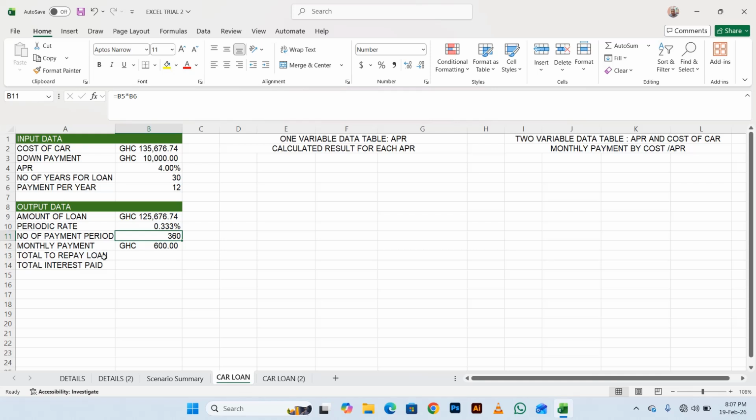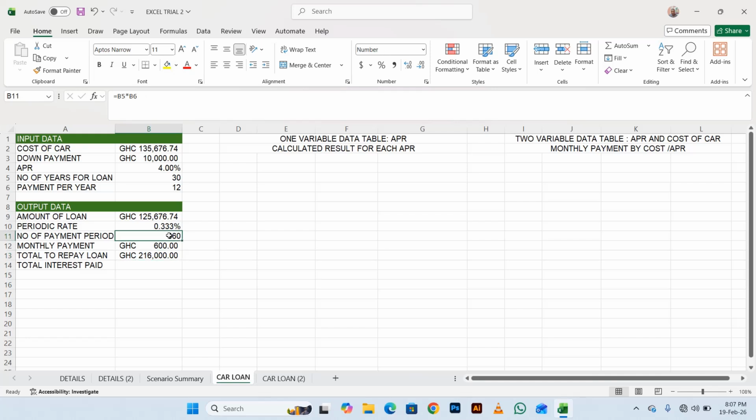This English I don't understand, but it's just as it is. They are just trying to ask you for the total payment, the total loan to be paid. So you have to multiply this one times 360. So it's equal to this times this. Then you get this. The 360 is not a currency.